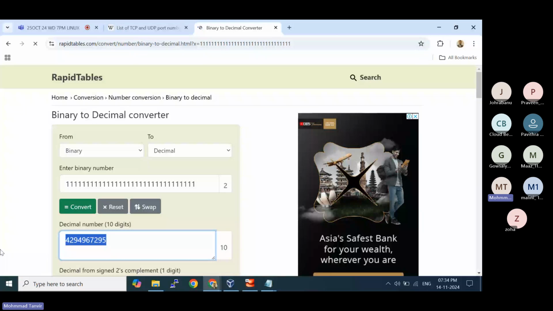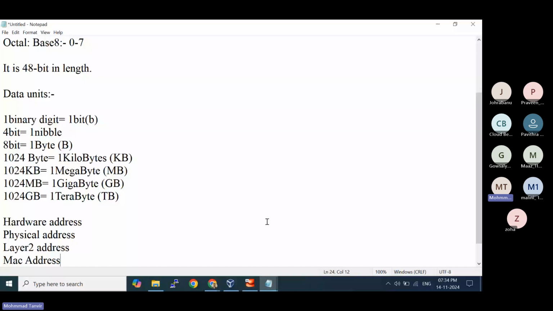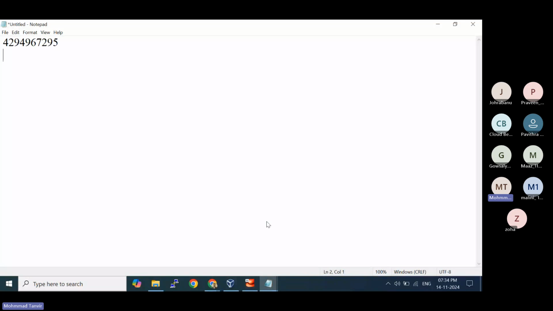So suppose we had this IP address and the second IP address is like this. Which one is easier? I think this one.